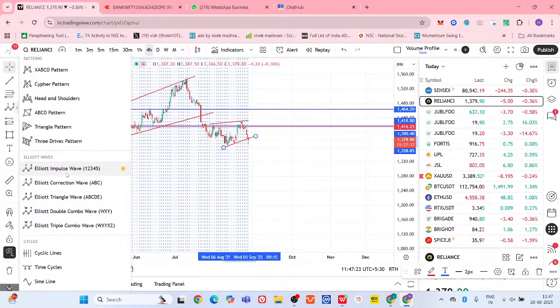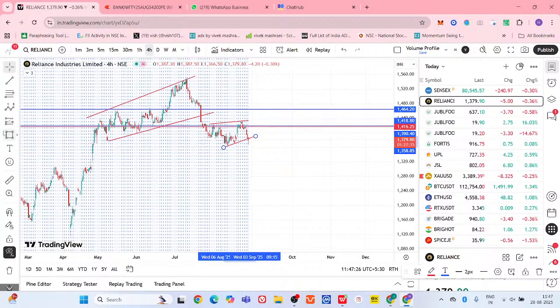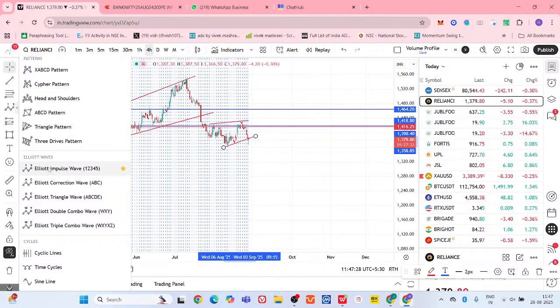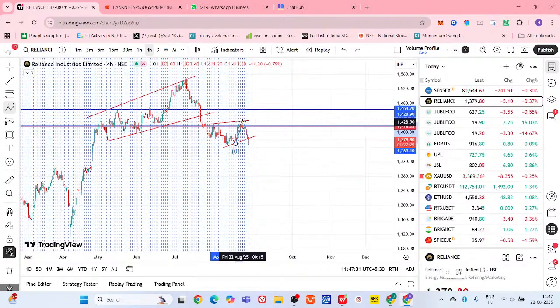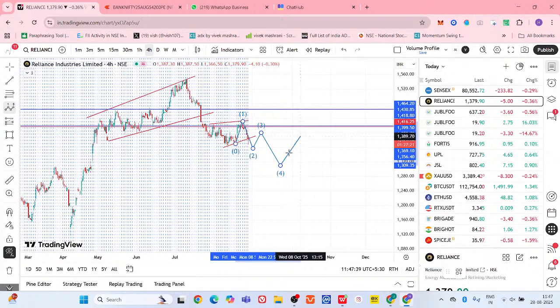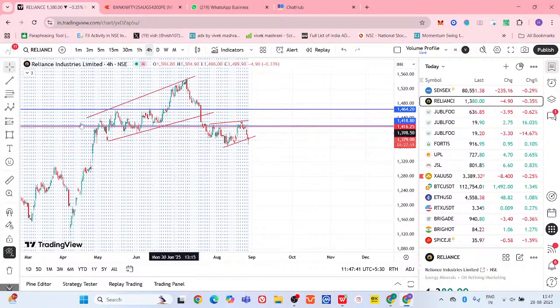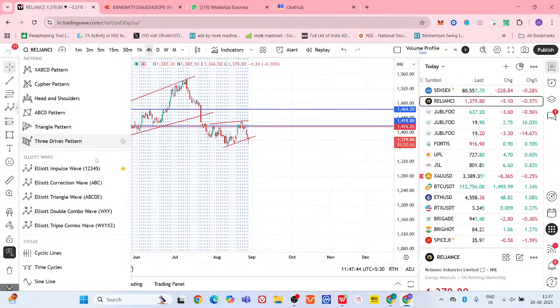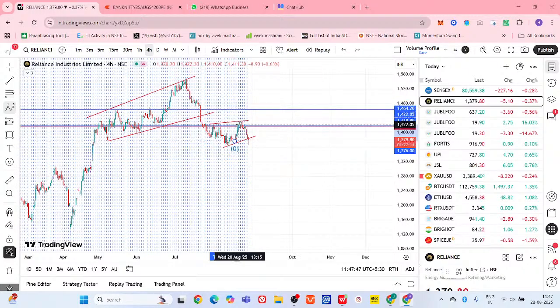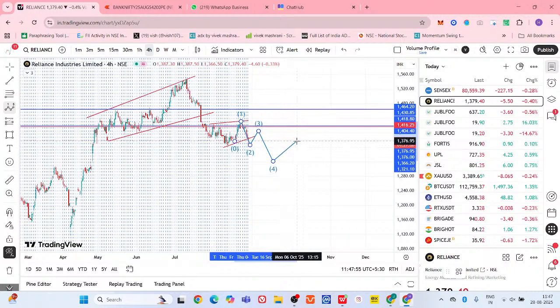So positional, if you want to short, you can short Reliance, but wait for this pullback, for final target. So 1300 possible.